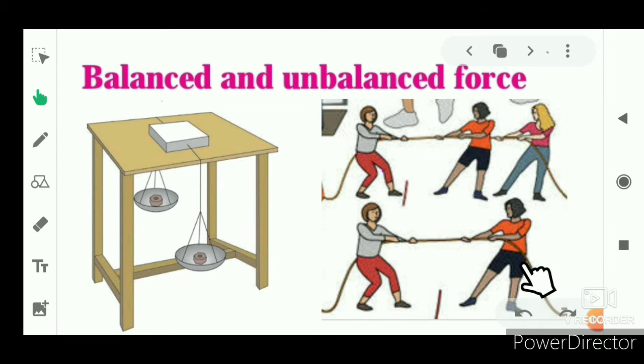Here we can see that in tug of war also, if the forces on both sides are equal, then the rope will not move. So this is an example of balanced force.